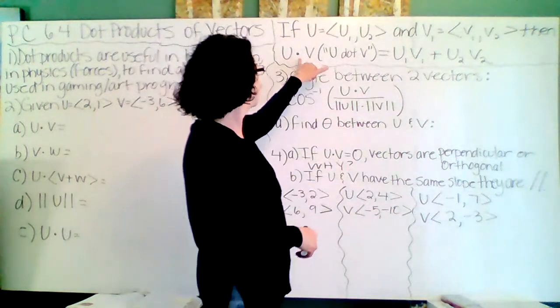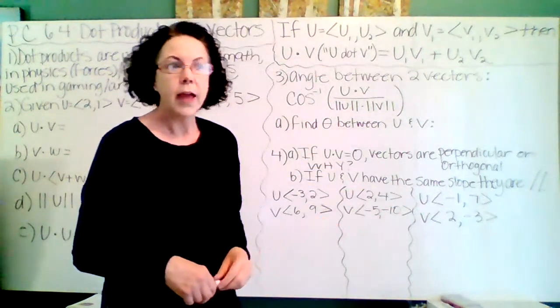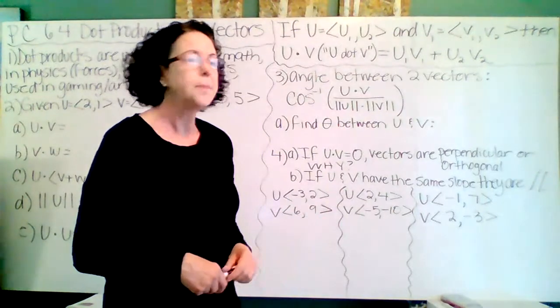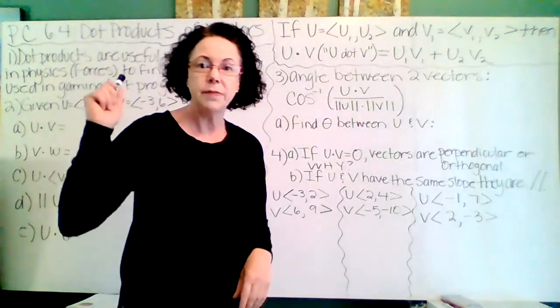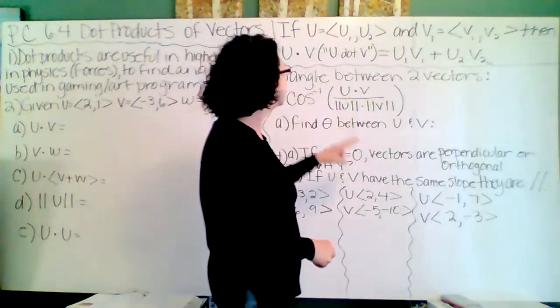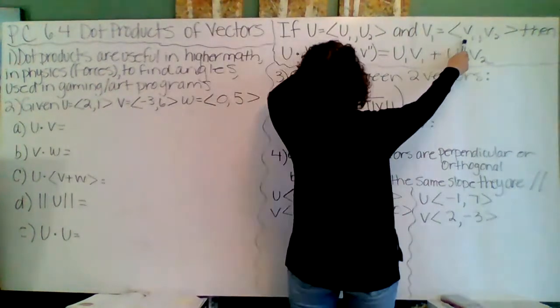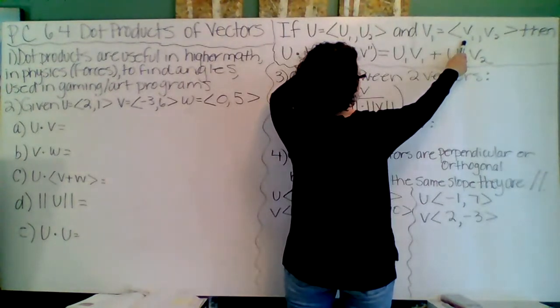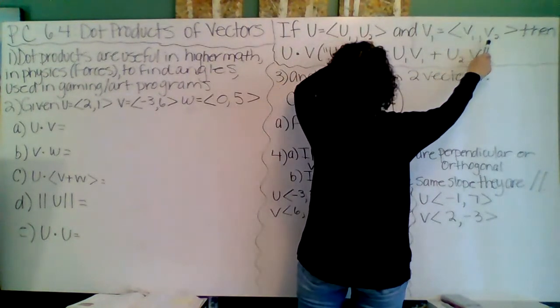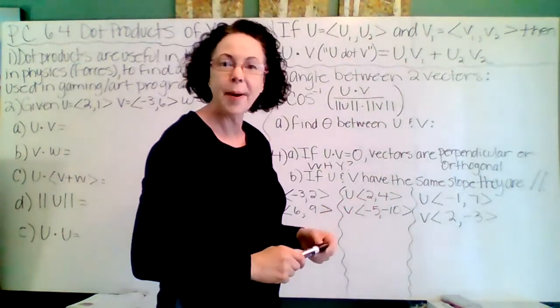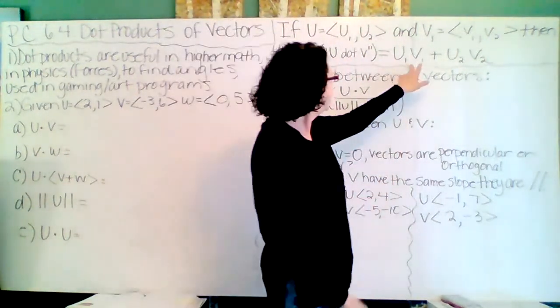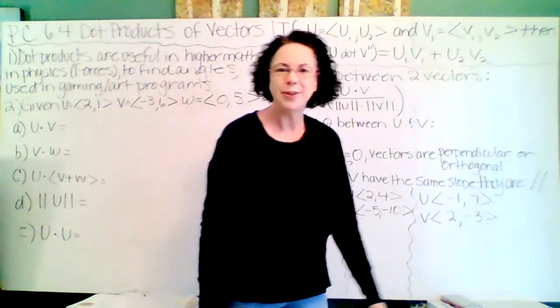This is a dot that is a little bigger than a multiplication symbol, and you say it "u dot v" when you're going to find the dot product. It is simply multiplying the horizontal components of the vectors together and the vertical components together and adding them up. So u1 v1 plus u2 v2.